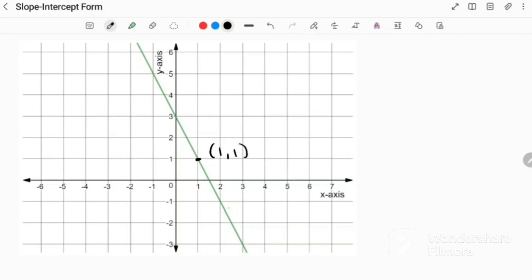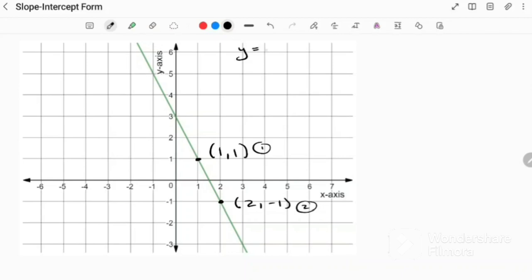And the second point I could pick is maybe this one right here, which is 2, negative 1. Let's call this point 1, and let's call this point 2. I could have just as easily picked this, this, or this, and gotten the same result. Any points on that line will give you the equation of that line.